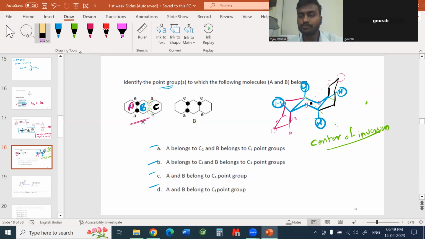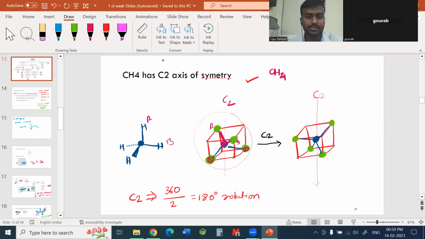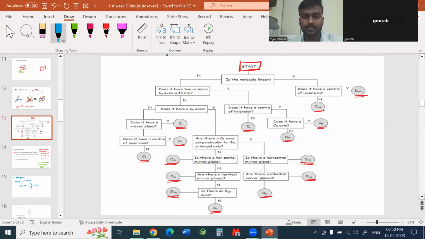So which point group does it belong to? We already have a chart. Sorry, where is the chart? I have placed it here. See, is the molecule linear? It's not a linear molecule. Does it have any Cn axis? We have already seen it has no Cn axis.